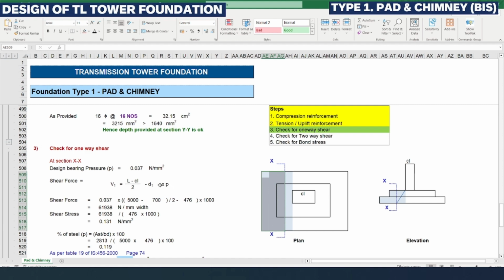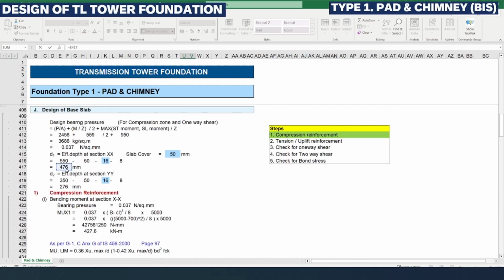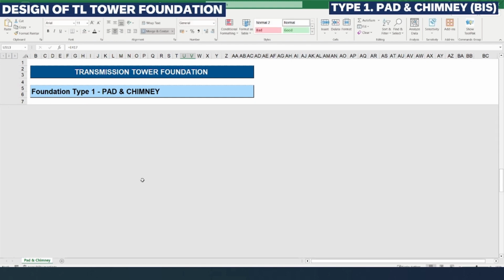This we are going to multiply with our design bearing pressure. So these are the equations with the values. L is the 5 meter total span, and 700 is the cross-section dimension, the size of the column or chimney, divided by 2, minus D1, the effective depth which we had already calculated for the reinforcement design.